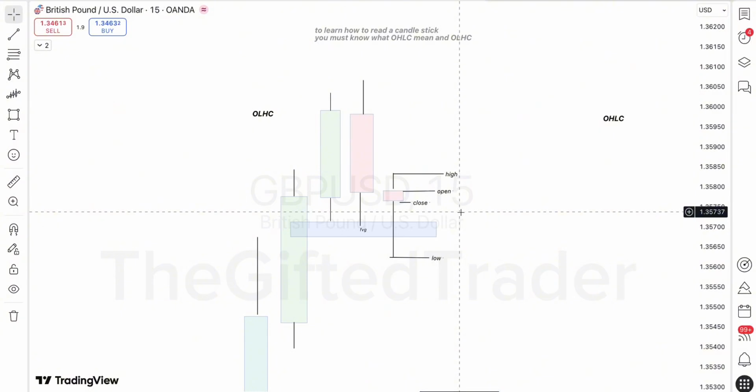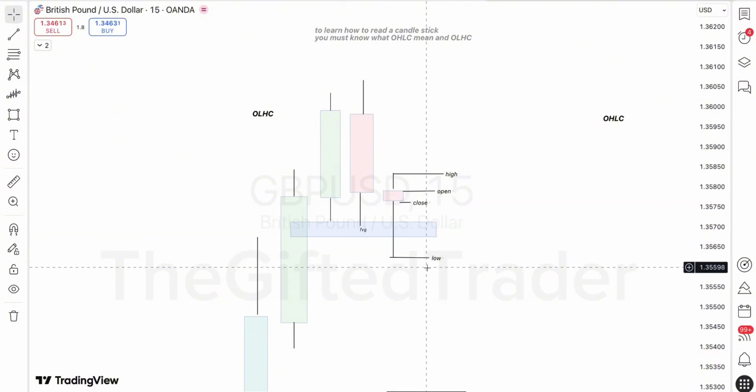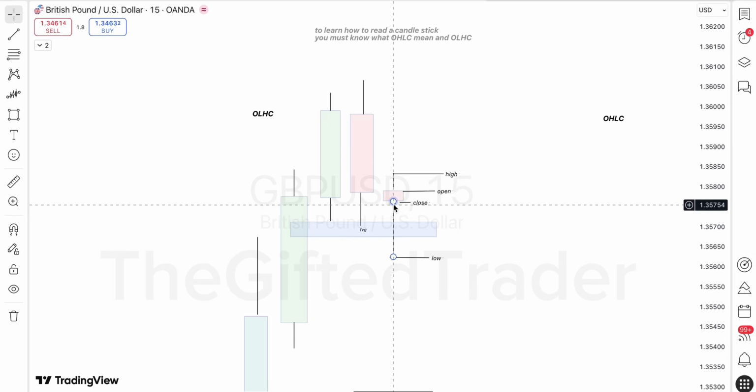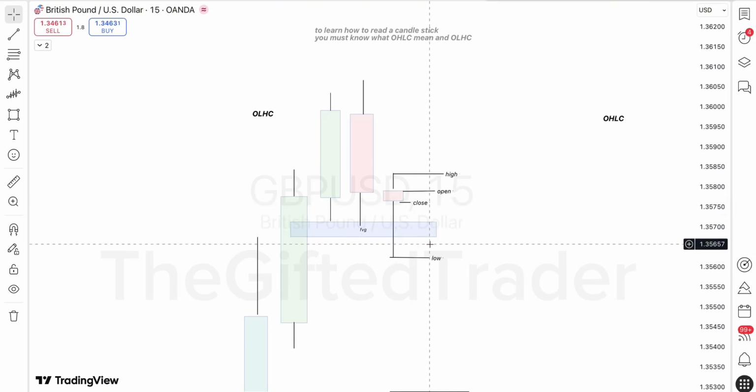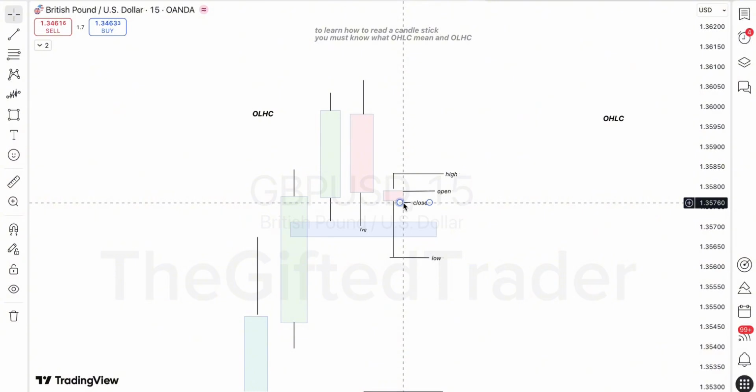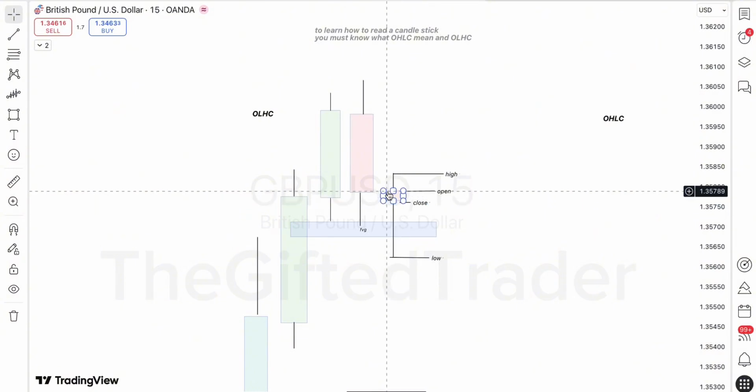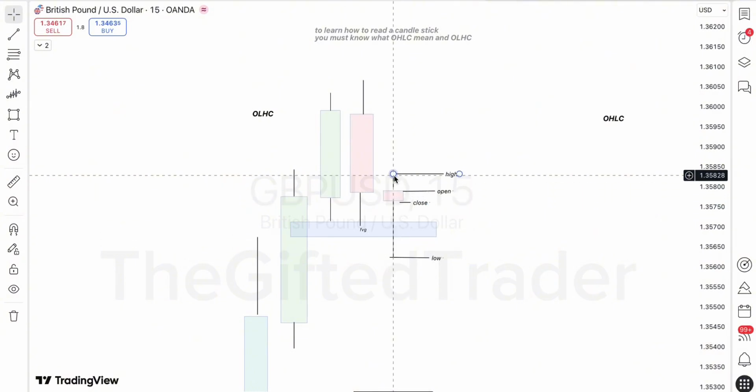Now you ask yourself, the candlestick is not full. Leaving this long wick over here, what does that mean? It means that the candlestick opened, it did its manipulation, made a high past the open, then went down. Now we're reading it.